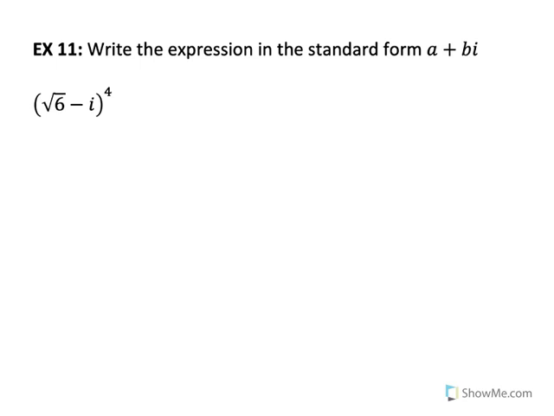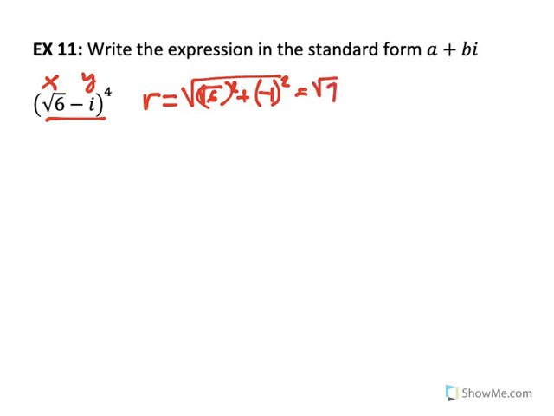Number 11 is asking us to do the same thing, we just are not in polar form yet. So to get this in polar form, we have to find r first. To find r, this is your x and your y, so I'm going to take the square root of root 6 squared plus negative 1 squared, and that will give me the square root of 7.